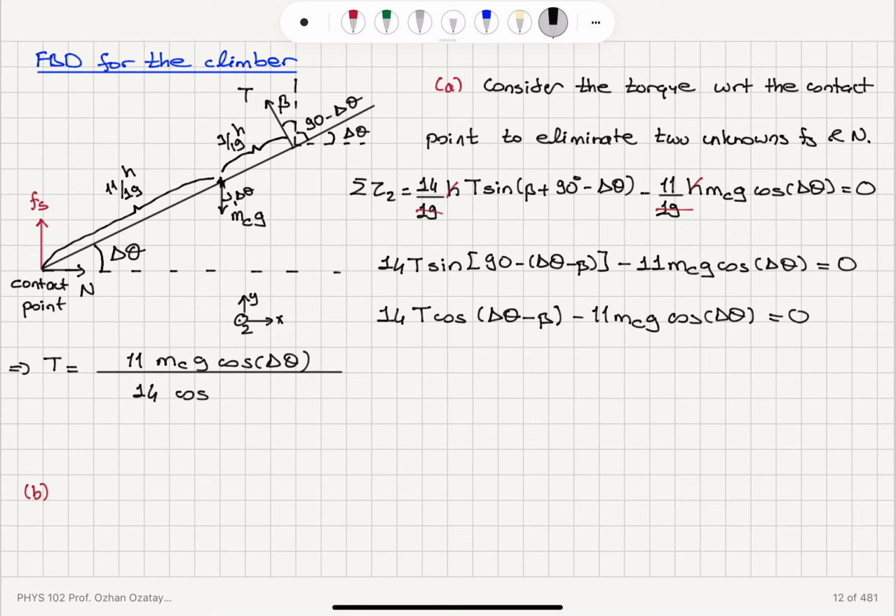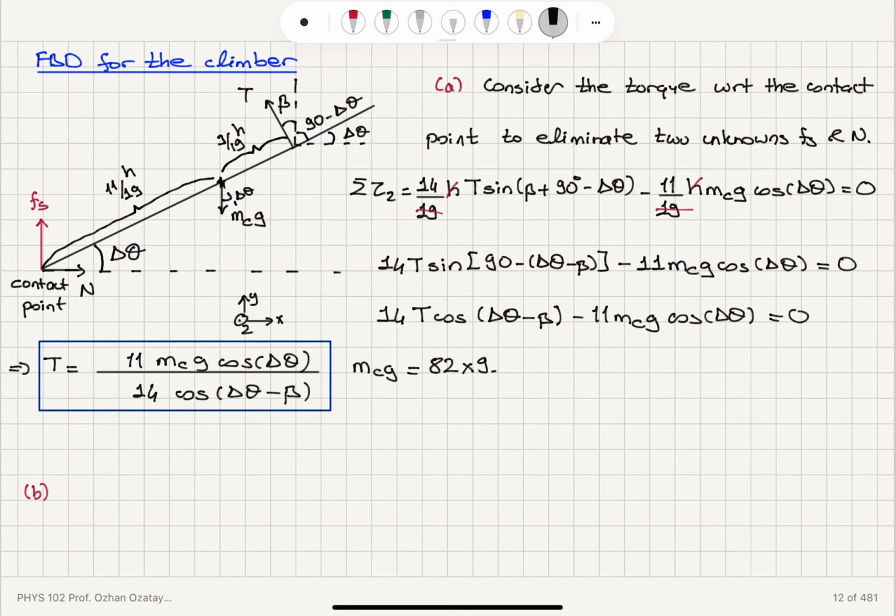Okay, now we can substitute the numbers. The weight of the climber mcg: he's 82 kilograms, so 82 times 9.8, it is 803.6 newtons. Delta theta is 35.0 degrees and beta is 25.0 degrees.